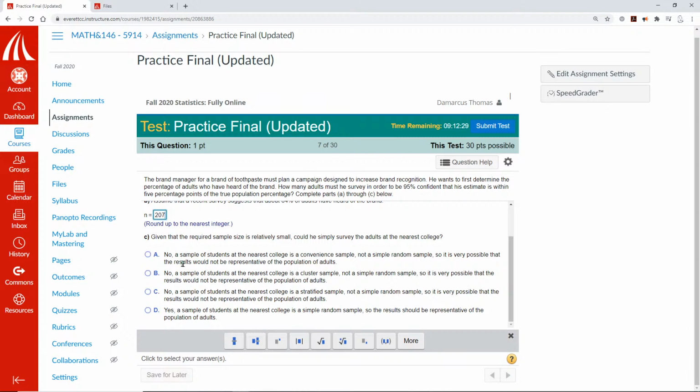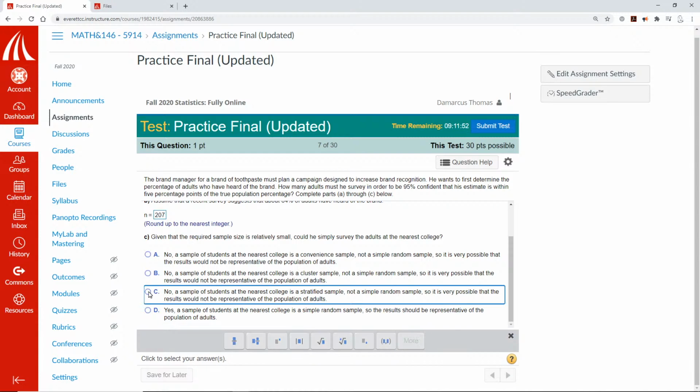Also when it comes to convenience sampling, there is some convenience for him to simply go to the nearest college. But the truth is convenience sampling is when people are kind of volunteering their time freely. So you're really not doing anything. It's more for polls and stuff like that. And then stratified is when you have a certain population and you are pulling a subset of that.